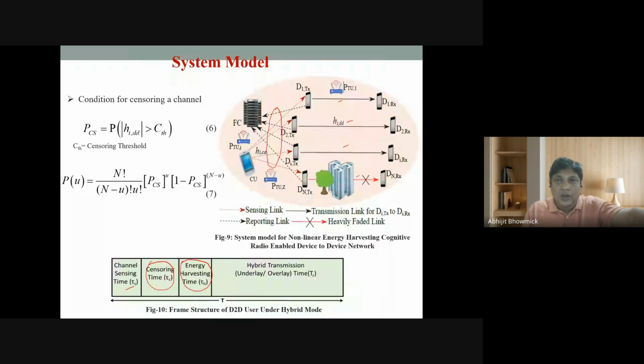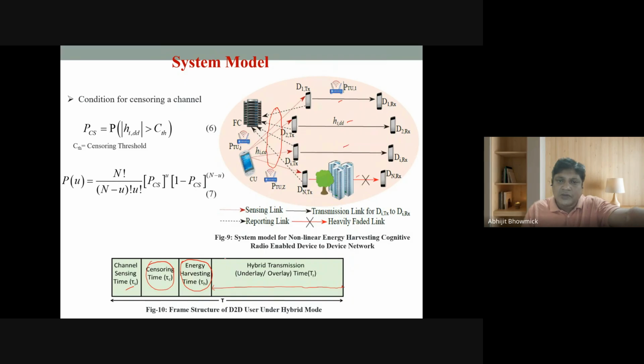Now, the problem is how I can maximize the system throughput. One way: if you allow all n transmitters to transmit, say if they follow the TDMA technique, the total transmission time will be divided among all n users.